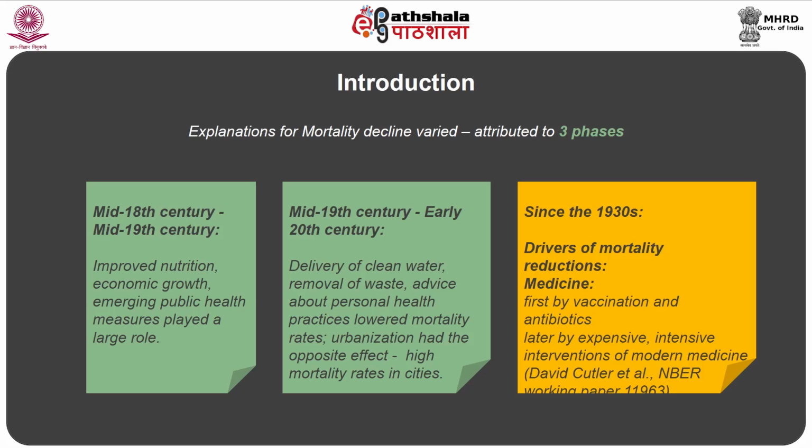Since the 1930s, mortality reductions have been driven primarily by advancement in medicine, first through vaccination and innovation of antibiotics, and later by the expensive and intensive interventions that characterize modern medicine, as brought out by David Cutler et al. in NBER working paper 11963.